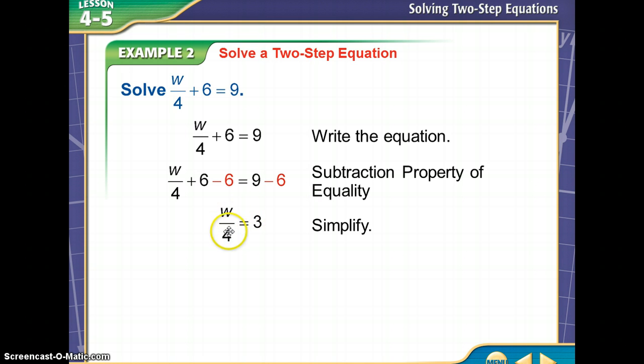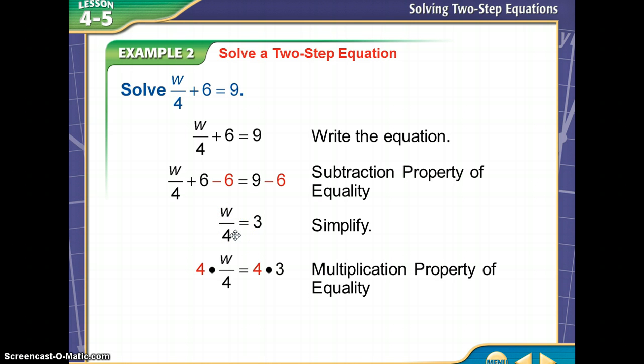Now, to get the w by itself, because it is being divided by 4, we've got to do the inverse operation of dividing by 4, which would be multiplying both sides by 4. And then you end up with w equals 12. Remember, this gives you 1 as the coefficient on that w.